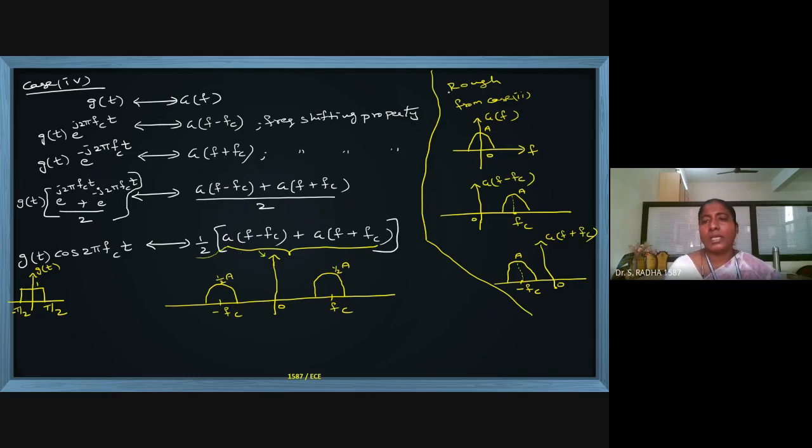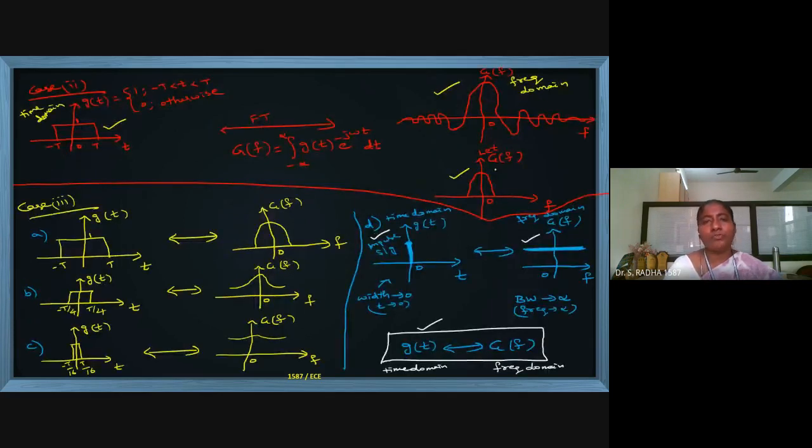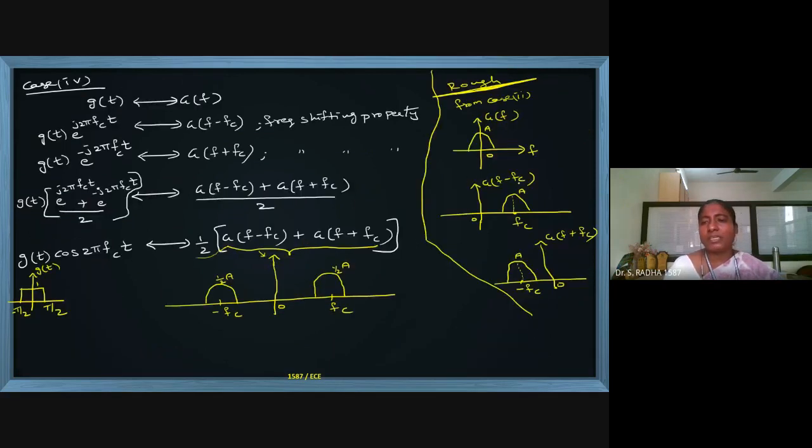Here on the right side, what I have done is rough. From case 2, I have taken the G of f diagram. And G of f minus fc means you have to right shift the same diagram. Origin will go to fc. G of f plus fc means origin will go to minus fc. You have to left shift the original diagram.